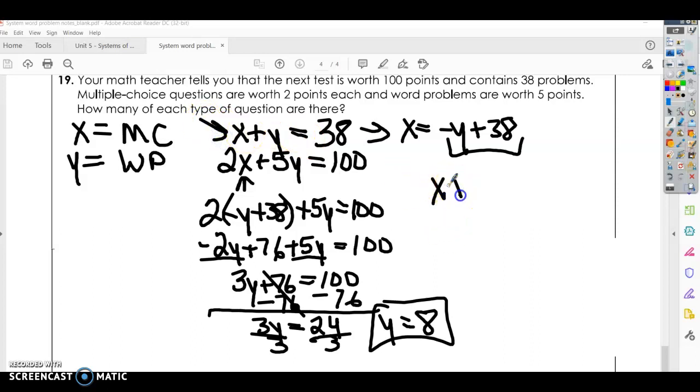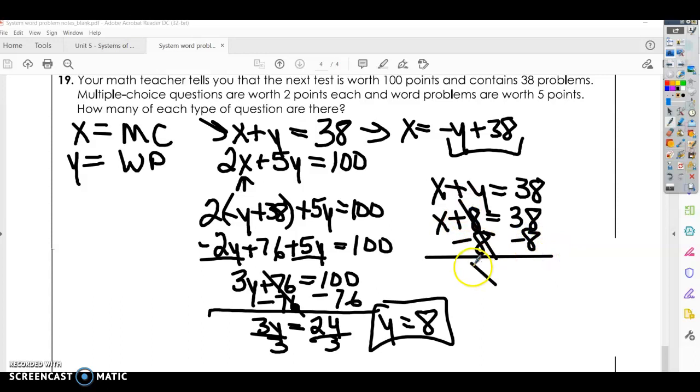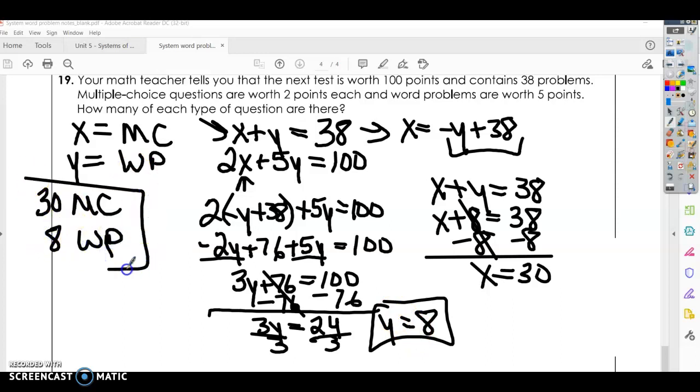So X plus Y equals 38. I'm going to substitute 8 in place of Y, so I'm going to have X plus 8 equals 38. Subtract 8, X equals 30. So this tells us X is multiple choice, so we're going to have 30 multiple choice questions, and we're going to have 8 word problems on the test.